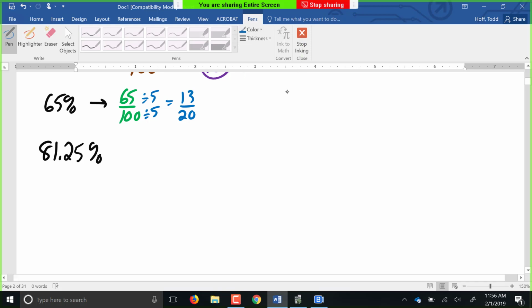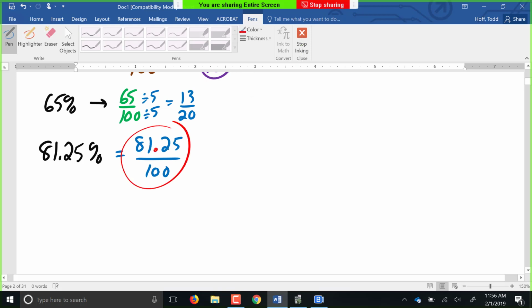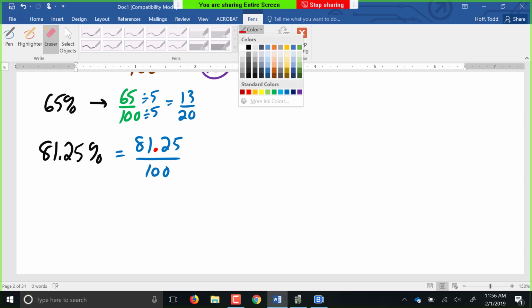I'm going to do an example here and then I'll let you guys try one. 81.25%. Remember, a percent is always out of 100, so the decimal doesn't change that. However, once we get it in this form, we don't like having decimals within our fractions, so we have to do something about that. There are a couple of different ways you could go about it. Some of you might recognize 0.25 as 1/4. You could just multiply by 4 on top and bottom to get rid of that.